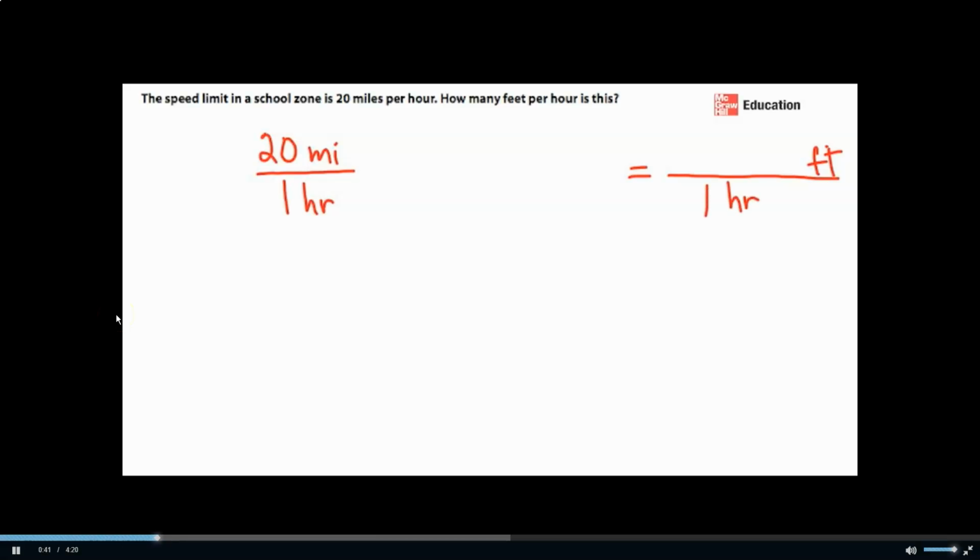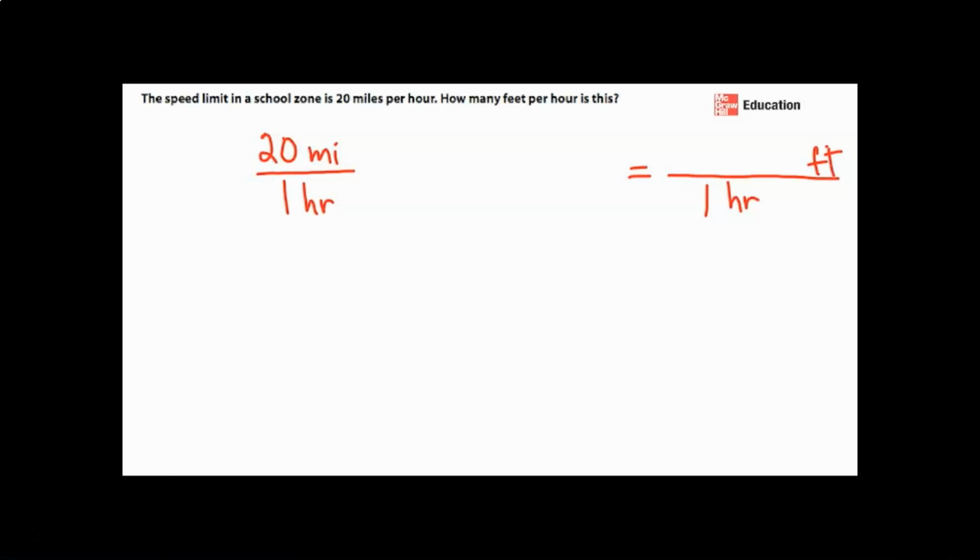Now, before we actually do this problem, I want to remind you of a certain fact about fractions. So let's start off with the fraction 3/4.